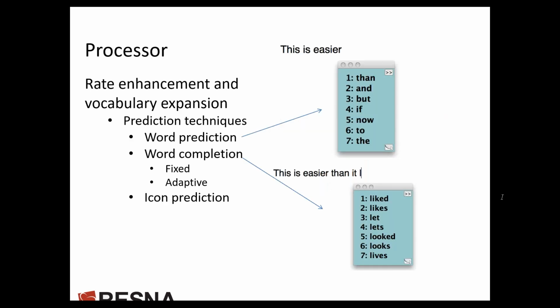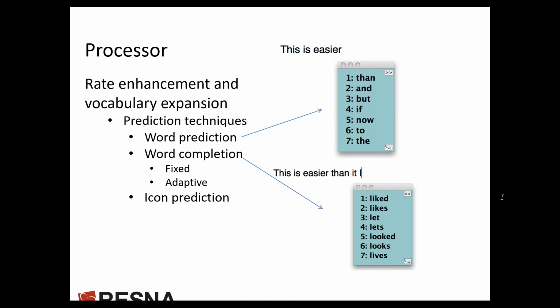With the processor, we also have other rate enhancement techniques such as prediction, which is used for both rate enhancement and vocabulary expansion. So when the person starts typing, a list of words pops up that could potentially be used. You guys use this all the time nowadays, right?